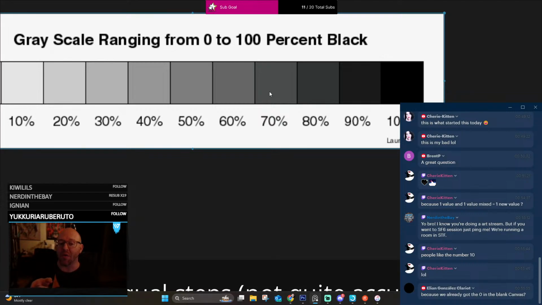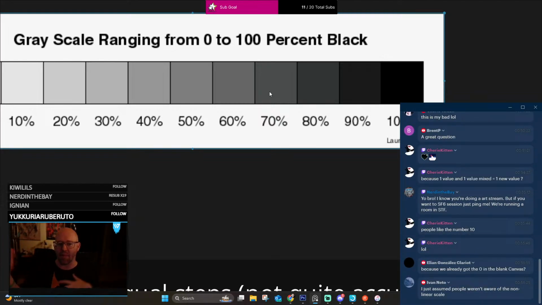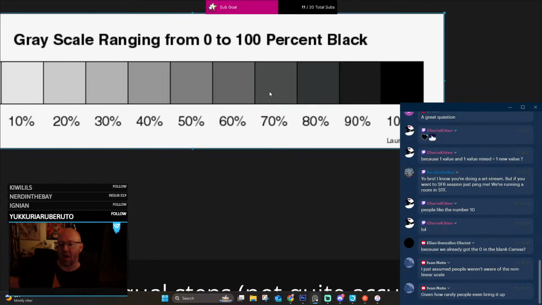And we'll also talk about with value scale that pure 0% and pure 100% don't really exist in nature. So whenever digital artists use pure white and pure black, that's what makes your art look fake and digital. Because you're always going to have light bouncing off something, and you're going to be picking up things. So there's never pure white, never pure black. But back to this question, why is there a 9-point value scale?